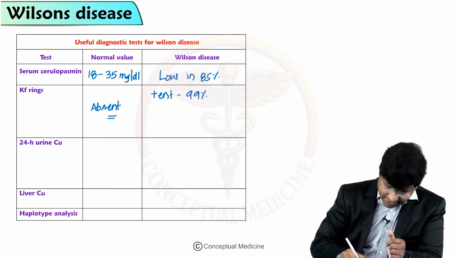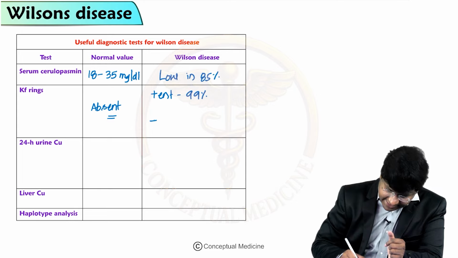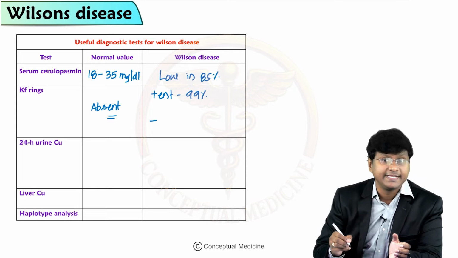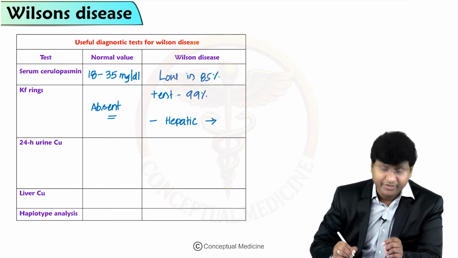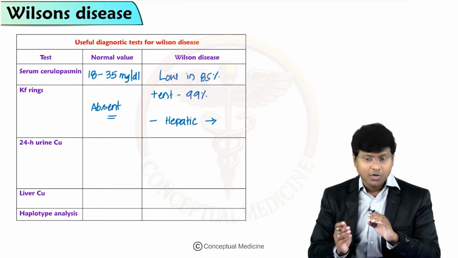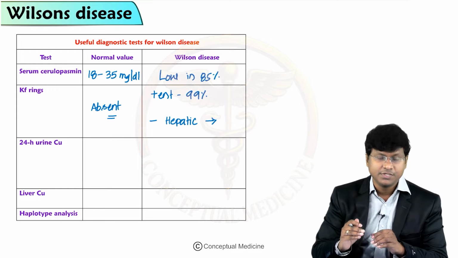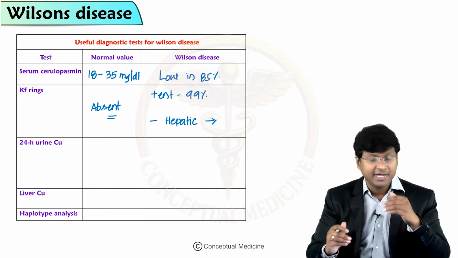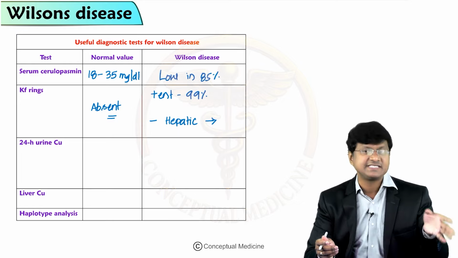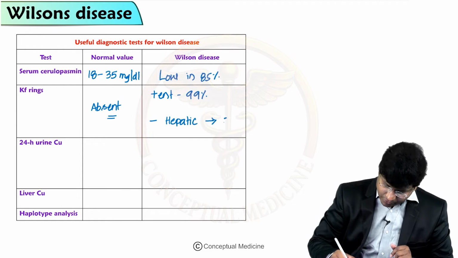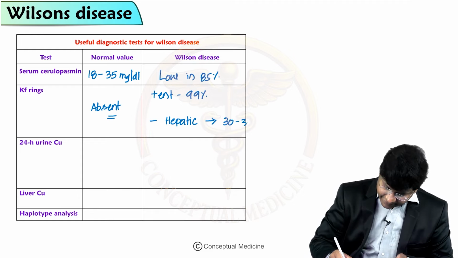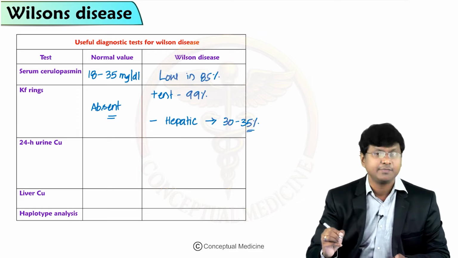But if the individual is having only hepatic manifestations, or the individual has presented to you in pre-symptomatic state, or you have diagnosed Wilson's in pre-symptomatic state, then the presence of KF ring is seen only in 30 to 35% of patients. So this is a very important point.